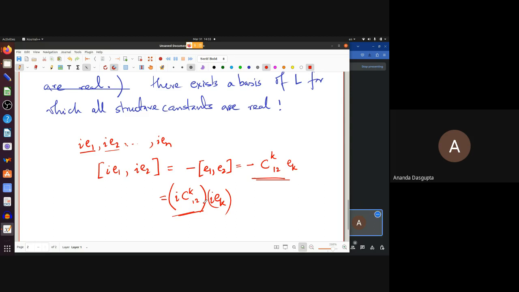So it may be possible in a complex vector space sometimes to choose a basis such that all the structure constants become purely real. In such a case, you can always also choose a basis where all the structure constants become purely imaginary. These two are essentially the same thing. They differ by an extra factor of i in the basis.